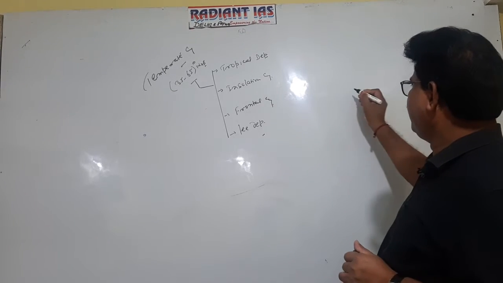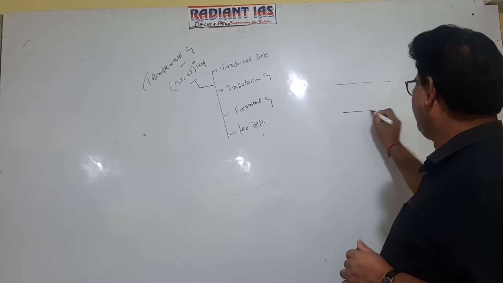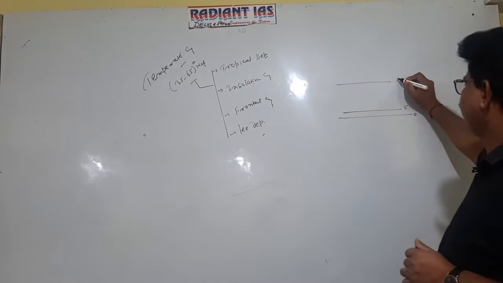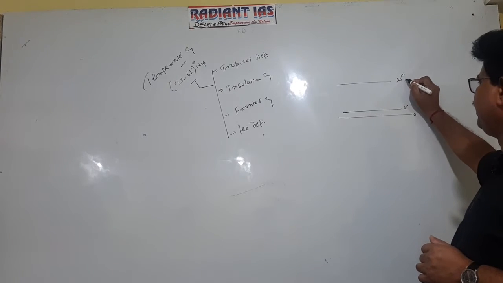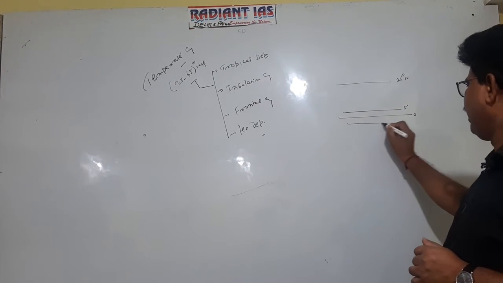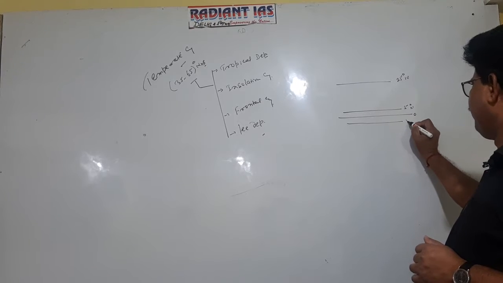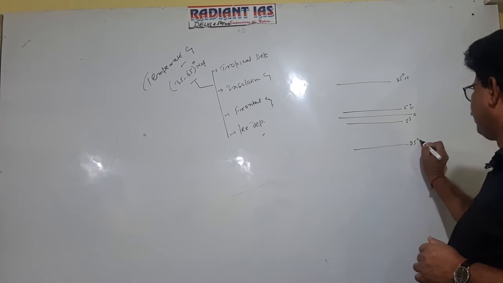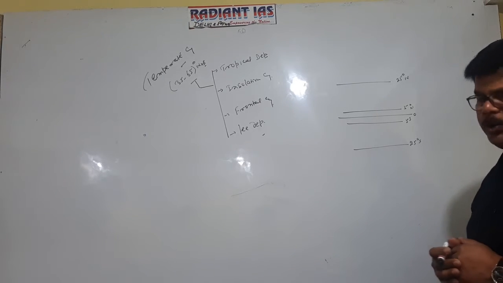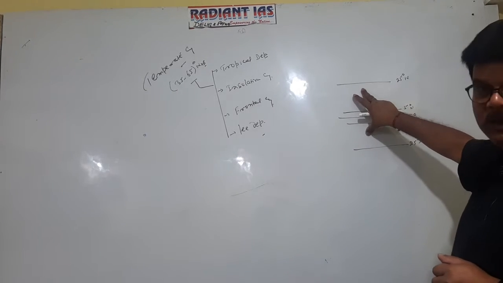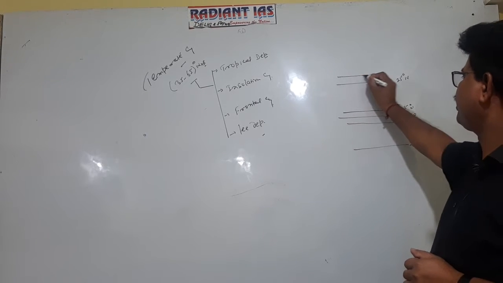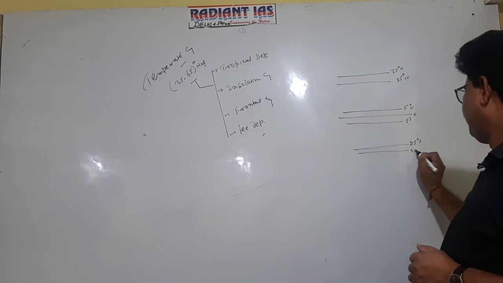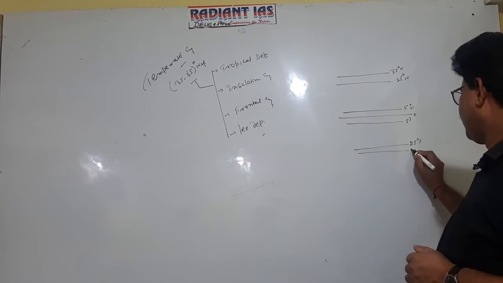I said that tropical cyclone is produced, suppose this is 0, this is 5 degree, and this is 25 degree north, and also this is 5 degrees south, this is 25 degrees south. So this is the zone of tropical cyclone, and this is 35 degree north, this is 35 degrees south.